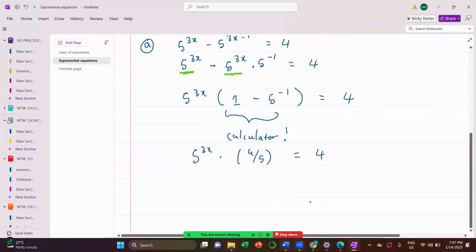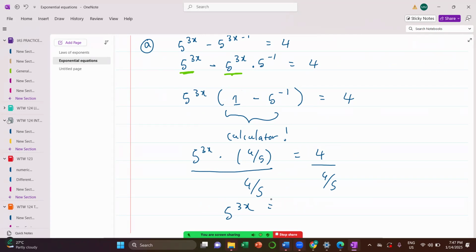So what do I want? I just want to be left with the variable. So I'm going to have to divide both sides by 4 over 5. So I'm going to have 5 to the exponent of 3x equal to 4 divided by 4 over 5.